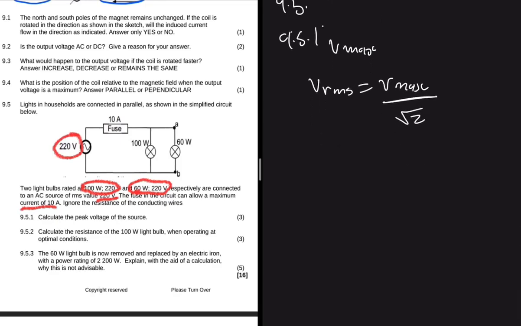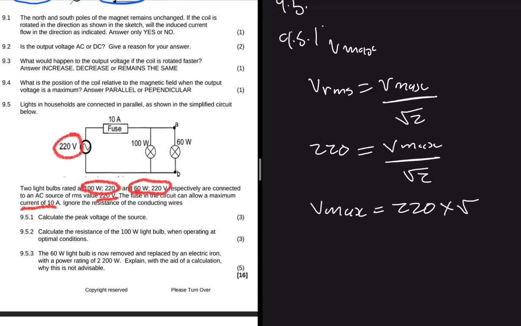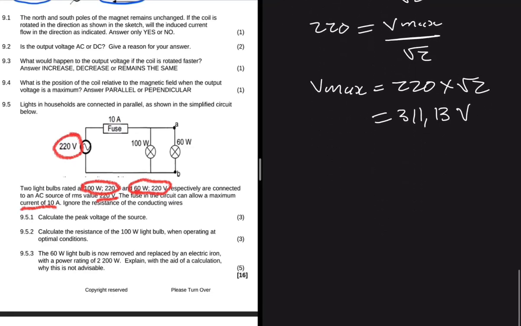Our VRMS is 220, which equals V max divided by square root of 2. So our V max will be equal to 220 multiplied by the square root of 2. If you do that, I'm getting 311.13 volts, right? I hope you're getting the same thing.